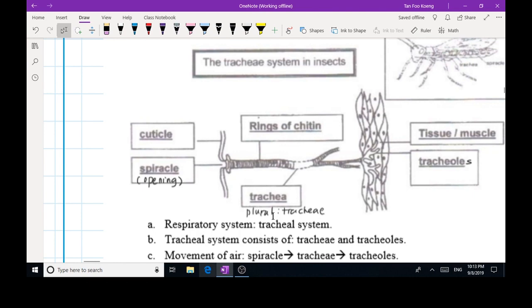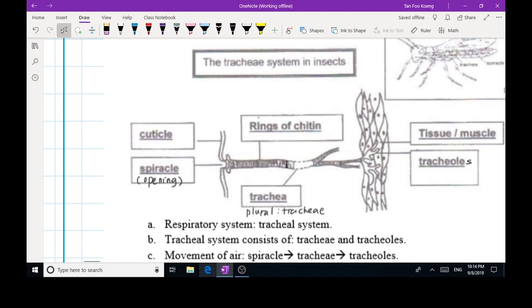If it is plural, it is tracheae, and the wall of the trachea is actually strengthened with rings of chitin. The chitin serves as the cartilage along our trachea, which is to prevent the trachea from collapsing during the breathing process.